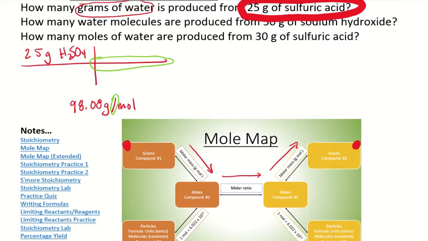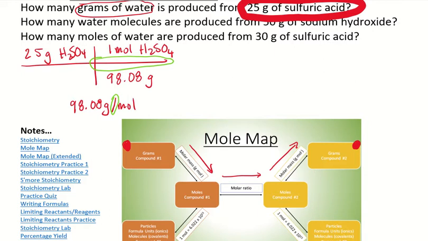So you are splitting up your unit. You put 98.08 grams at the bottom, 1 mole of H2SO4 on top.